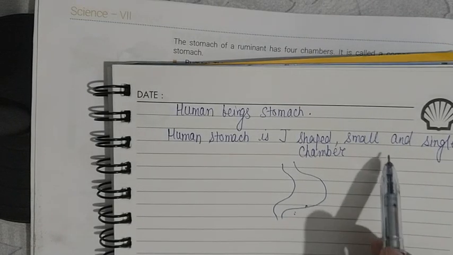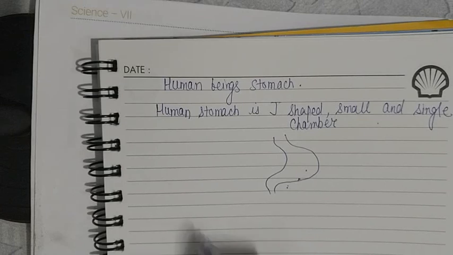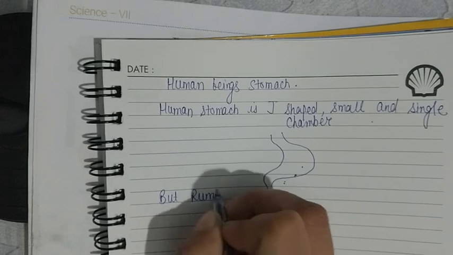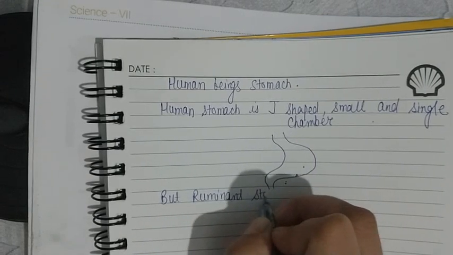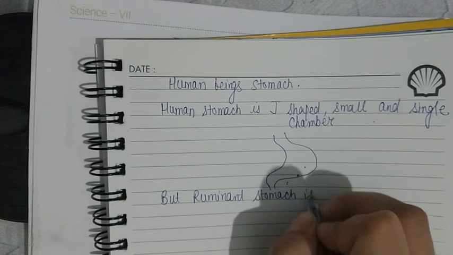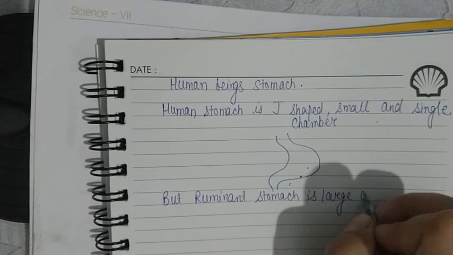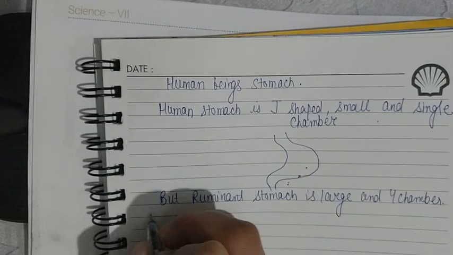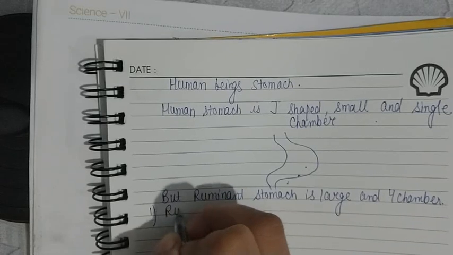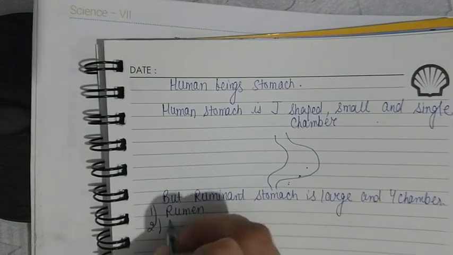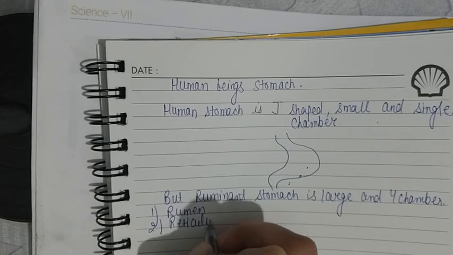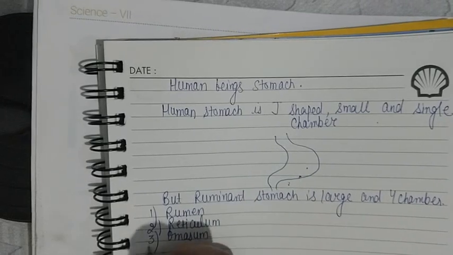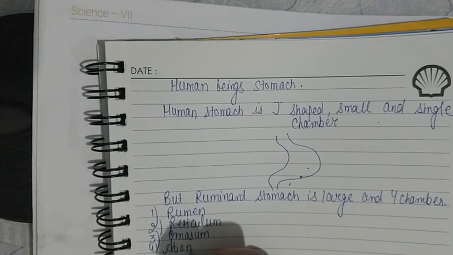It is J-shaped, small and single chamber. But the ruminant's stomach is large and has 4 chambers. First is rumen, second is reticulum, third is omasum, fourth is abomasum.